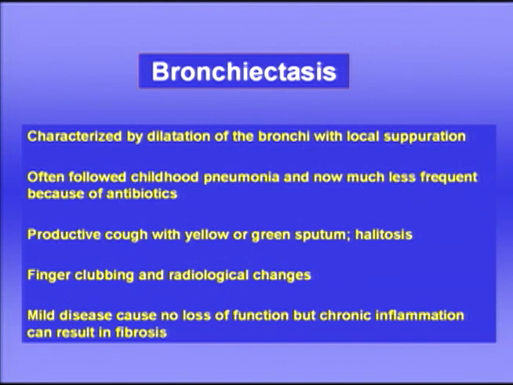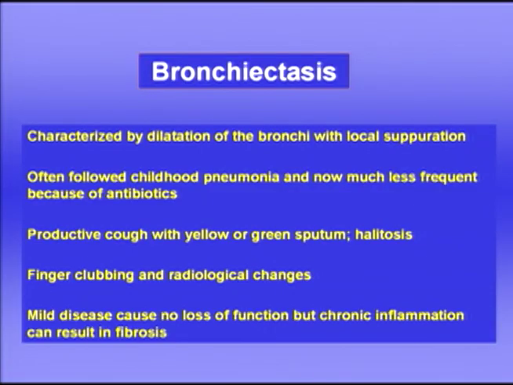We don't see so much bronchiectasis these days, but again, when I was a medical resident, we certainly saw bronchiectasis. It's characterized by dilatation of the bronchi with suppuration. And when I see dilatation of the bronchi, I'm reminded of the definition of emphysema, which is a dilatation of the lung distal to the terminal bronchi, so of the terminal bronchioles.